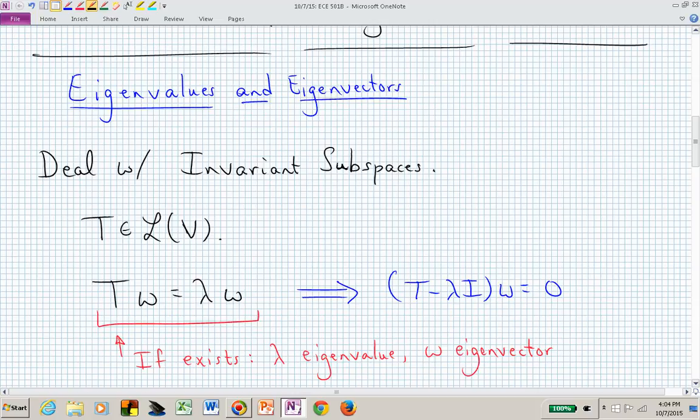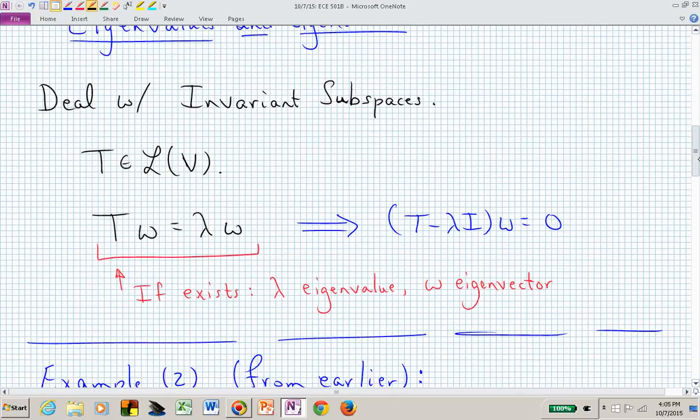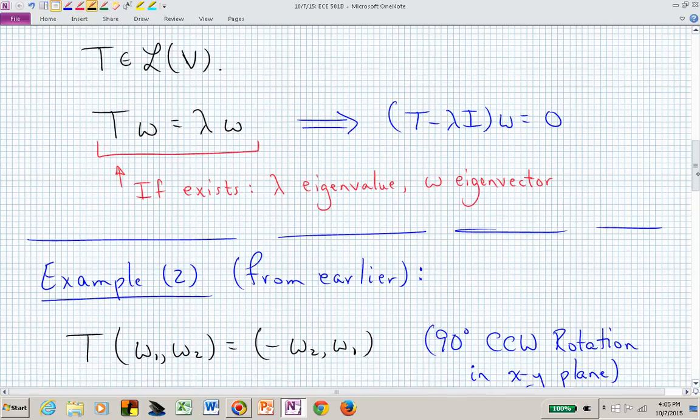That's an eigenvector. If this equation is true, Tw equals lambda w, then we know that lambda is our eigenvalue and w is our eigenvector.